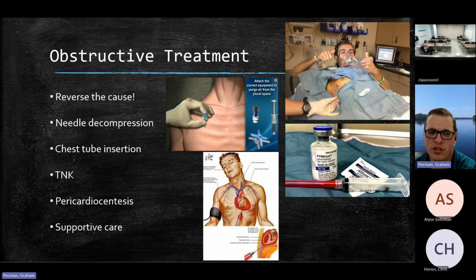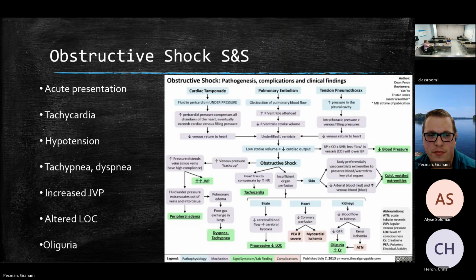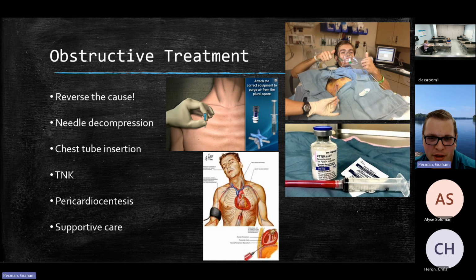I did want to mention supportive care because it's mentioned in generally every management of every type of shock. If you've ever seen a patient with an obstructive type, tension pneumothorax or an accumulation around the heart, tamponade, the effect is dramatic, and they don't make it to the point that we actually need to provide them with supportive care.